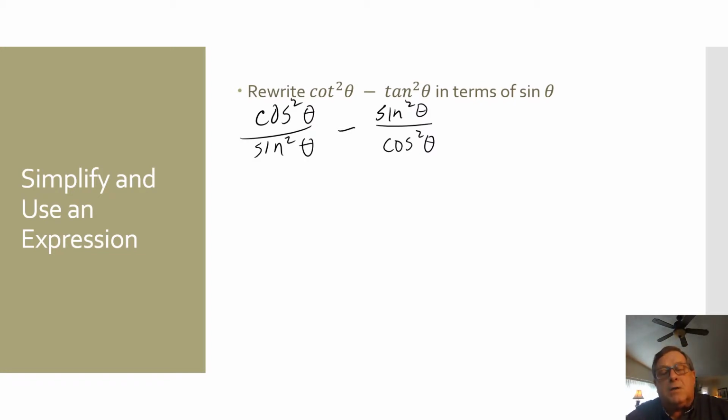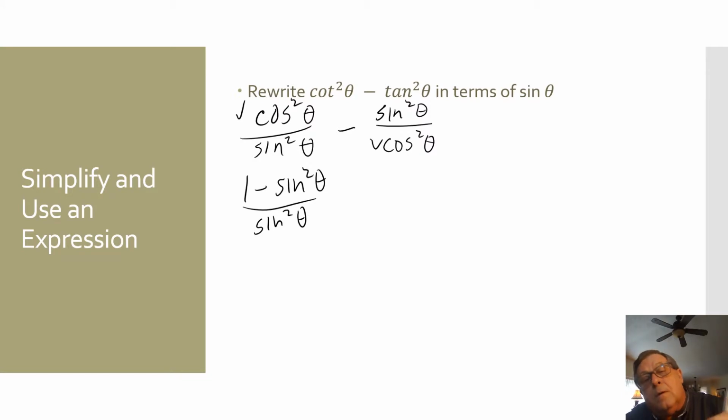If I think about the cosine squared of theta here, in our definitions of the cotangent squared and tangent squared of theta, the cosine squared of theta, using the Pythagorean identity, is equal to 1 minus the sine squared of theta, and of course this is still over the sine squared of theta, minus the sine squared of theta over, and we use the Pythagorean identity again on this cosine squared of theta as 1 minus the sine squared of theta.